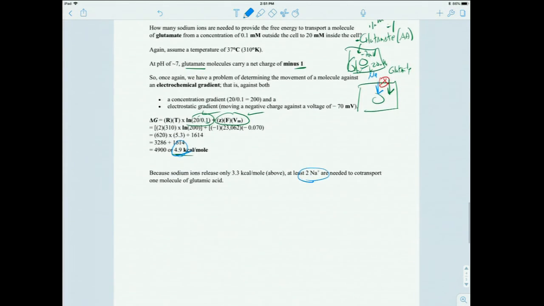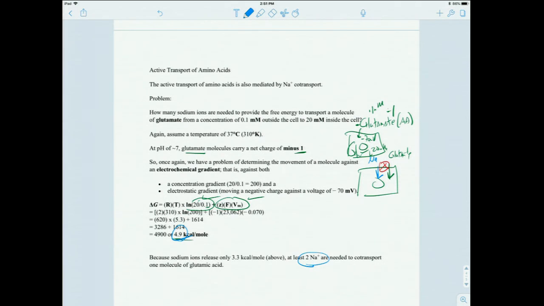So anyway, all of that to say that there is no free lunch. If we're moving a molecule up its concentration gradient, and or we're moving a molecule against its electrogradient, in other words, if we're taking something negative and pushing it into a negative area, then those are going to require energy.